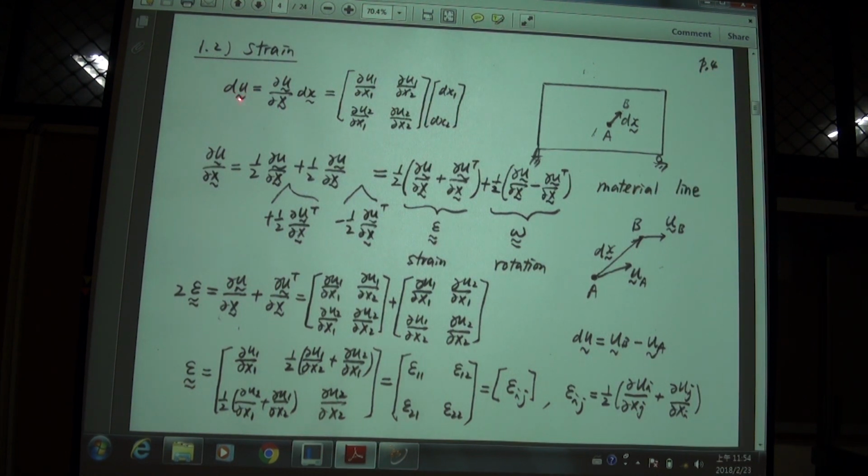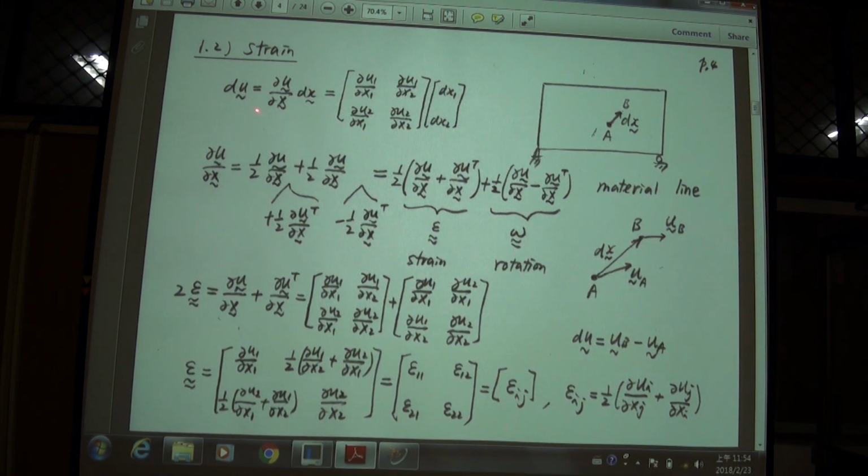Du is the change of the displacement field of this material line. See, you have a material line, and then the material line will be deformed. In the deformation we have the displacement, so we have the change of the displacement like this.